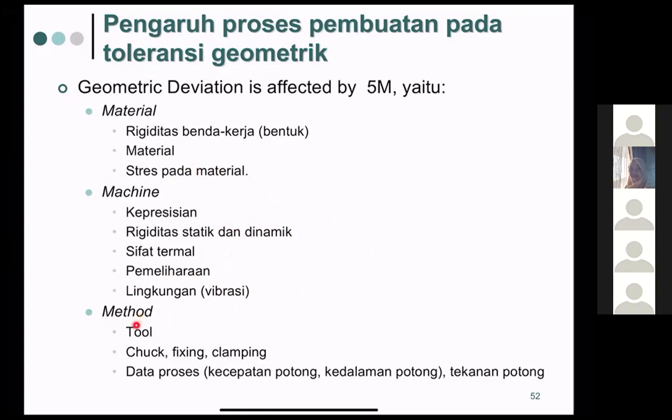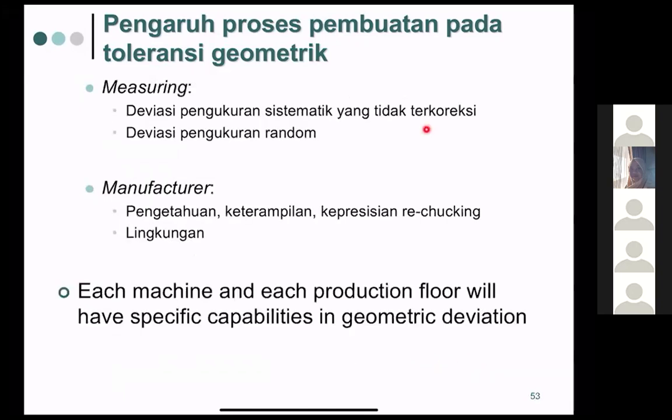If it is the tools, is it automatic? Is it using laser, or is it just manual chuck, fixing, and clamping, and so on? And then how fast we cut and how deep we cut. And then the measuring device when we do the inspection and checking, and also the manufacturer's skills, and also the environment that we use.